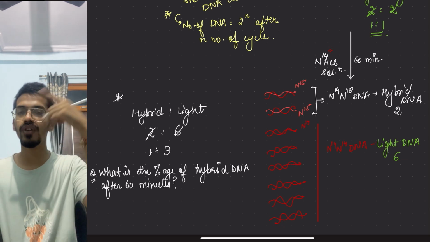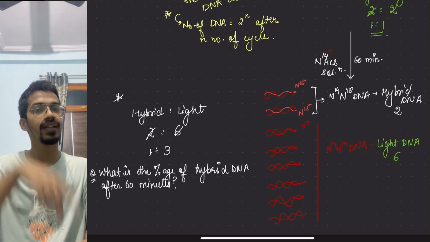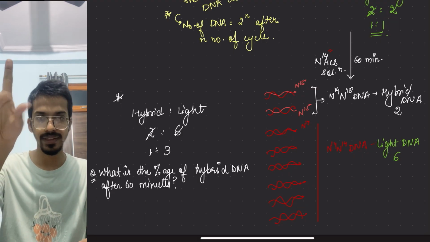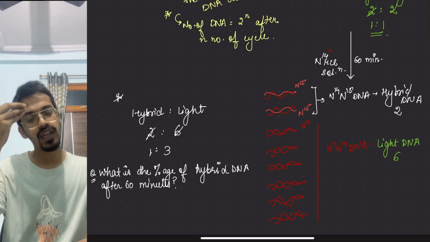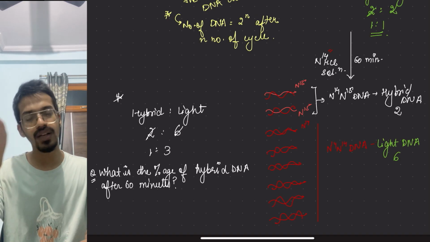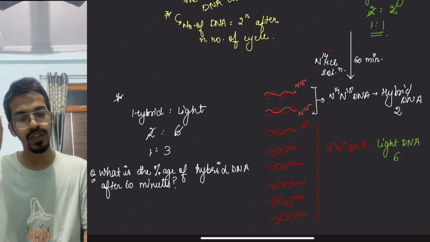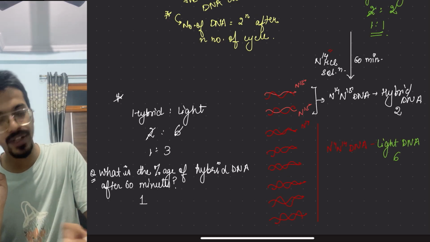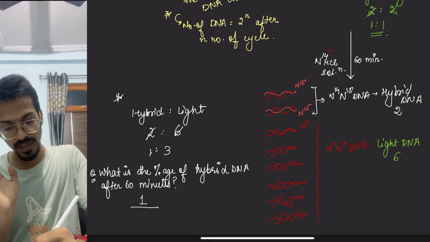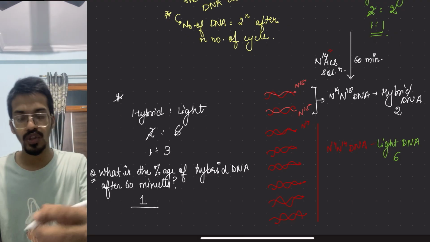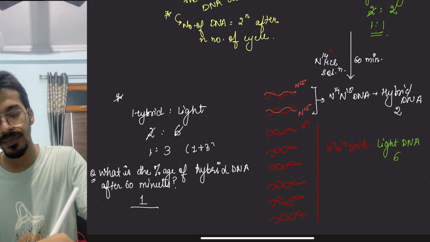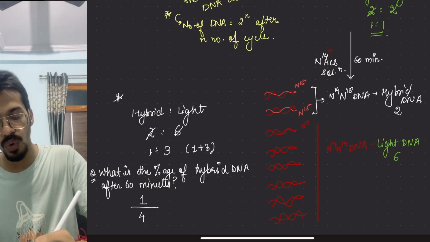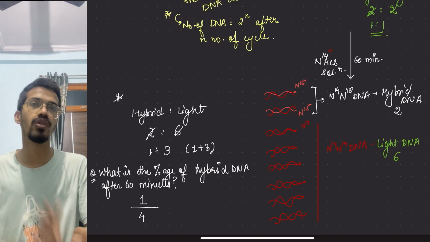So when you have to find the percentage, first take the ratio. If you don't take the ratio it can also come, but first we will take the ratio. So ratio is 1:3. 1 is for the hybrid. So write the amount of hybrid on the top, the numerator. In the denominator, the total. Total would be what? 1 plus 3, that is 4. That is the total amount, 4.